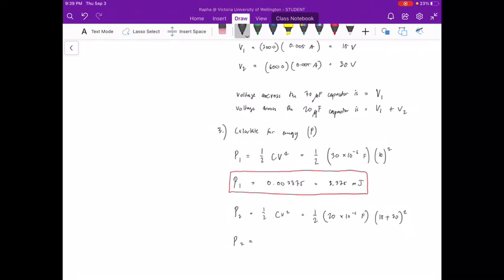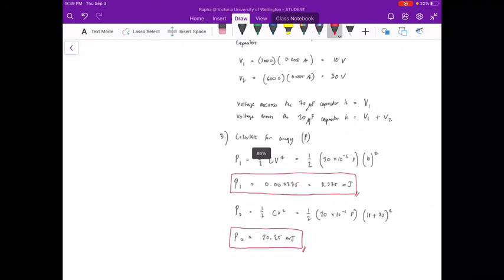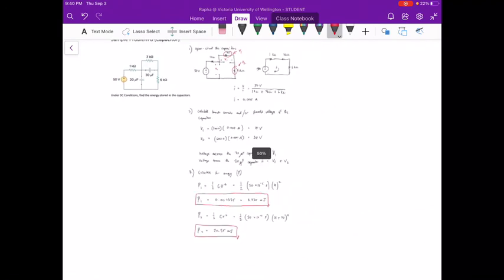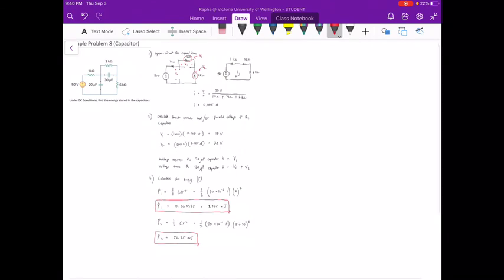Calculating that, we have P2 20.25 millijoules. So there you have it, our energy for the two capacitors in this network.